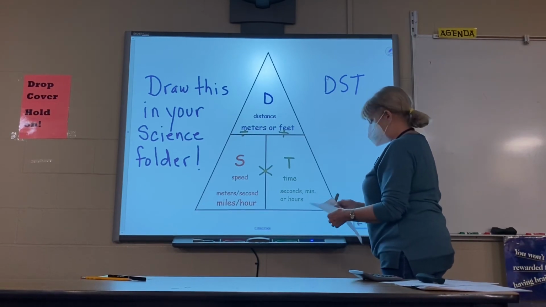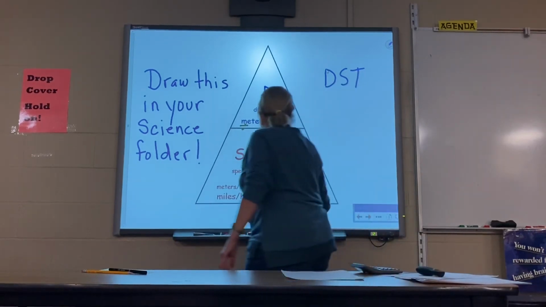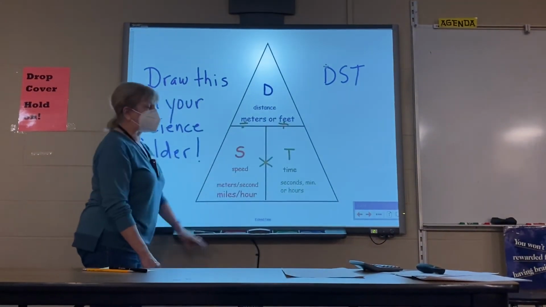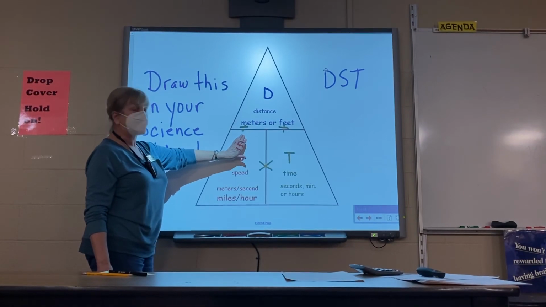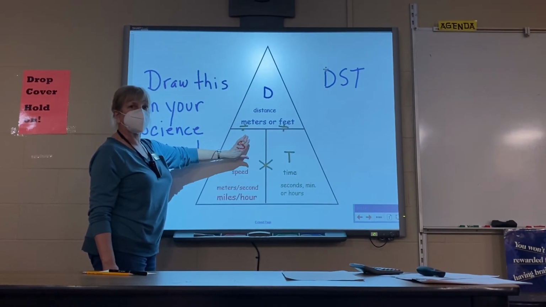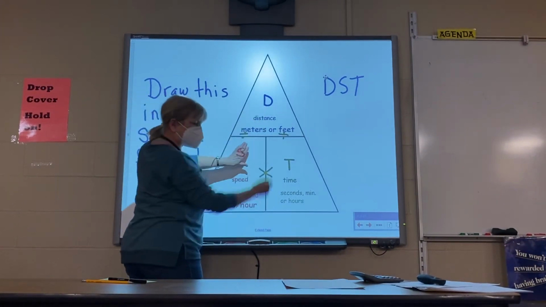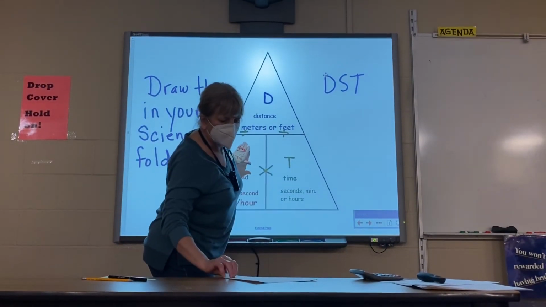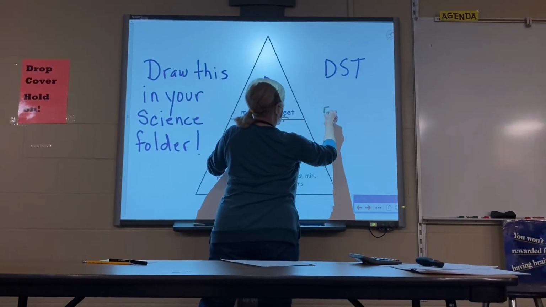Well, the question asks for speed. So if it's going to ask for speed, and I don't know what the speed is, I'm going to cover the S up because that's what I don't know. And this triangle is going to tell me how to set this math problem up. The distance we said was, what was the distance? Oh yeah, 50 meters, okay, so there's my distance.